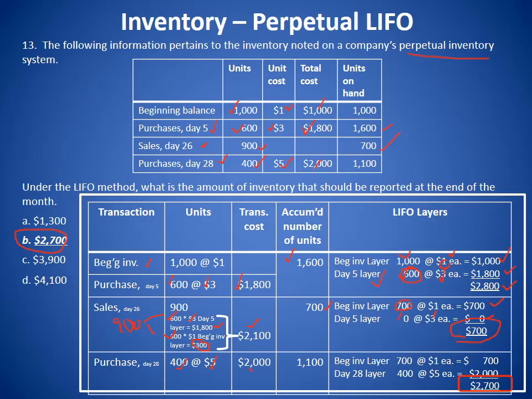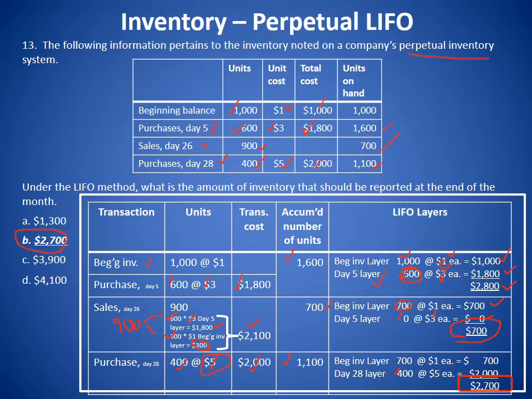The accumulated number of units is my 700 plus the additional 400 units I just purchased, so that ends up being 1,100. And what I need to do now is recalculate my inventory at LIFO. So now I create a day 28 cost layer, which shows 400 units, and the cost is $5 per unit.